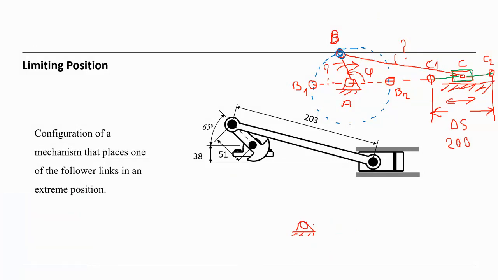So let's say this is the slider here somewhere. And here we have our crank and the coupler.